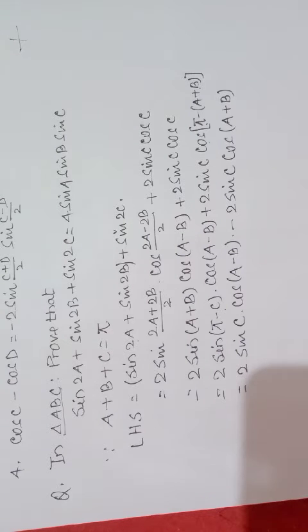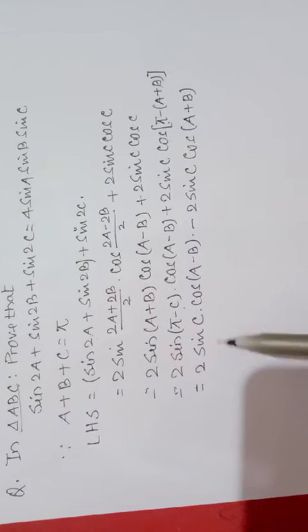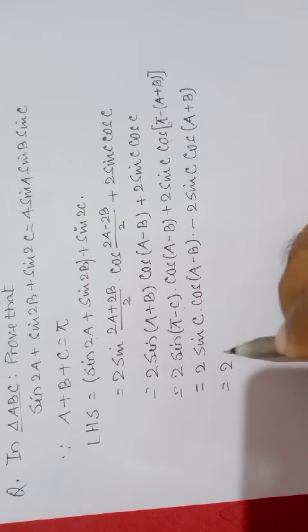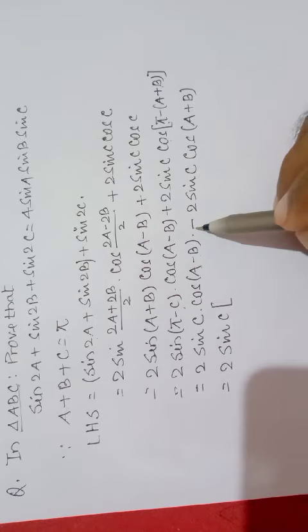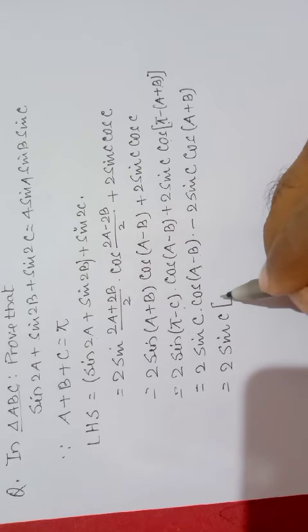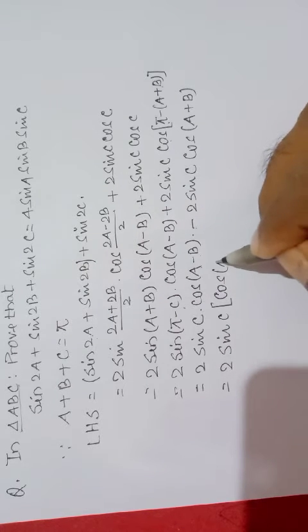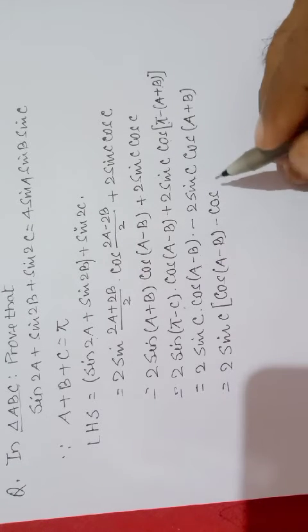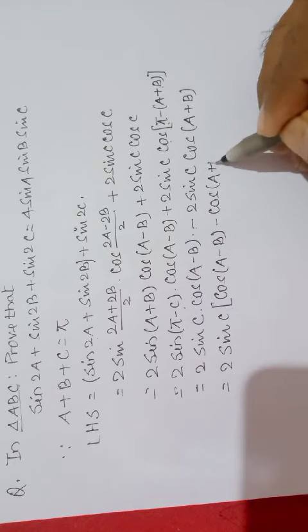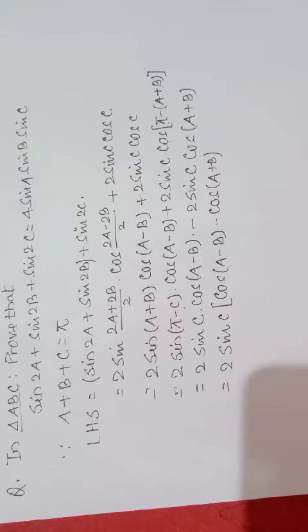Now 2 sin C should be taken common between these two terms. So take out common 2 sin C. What is left? Cos (A minus B) minus cos (A plus B).